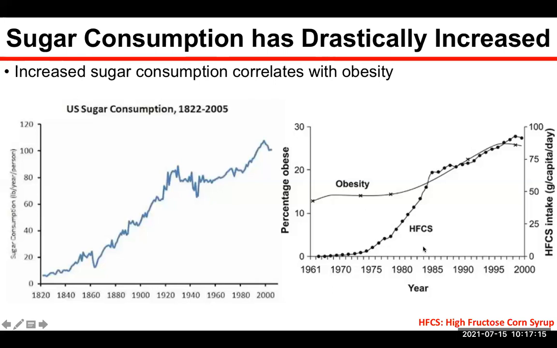And when we look at this correlation with high fructose corn syrup, it was originally invented in 1970. And then the food industry always has a say in terms of what it's selling. And basically, this typically comes from corn because we're one of the main producers of corn in this country.